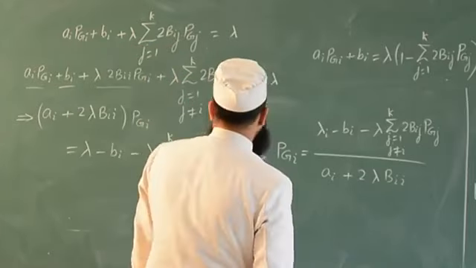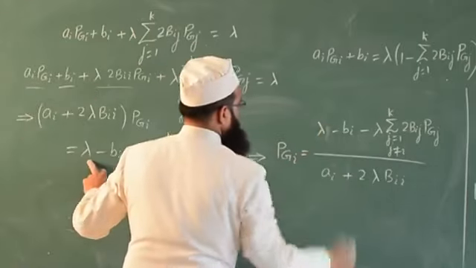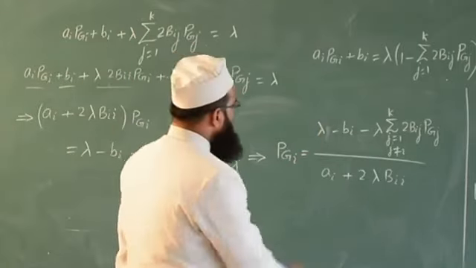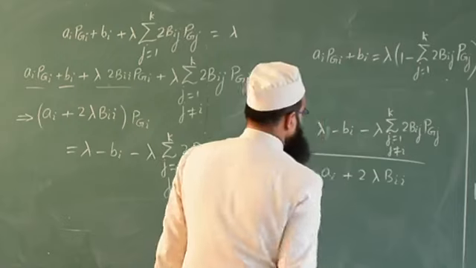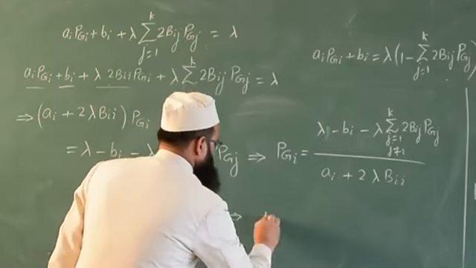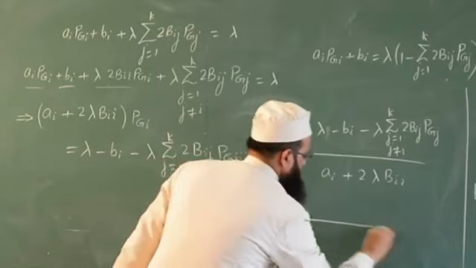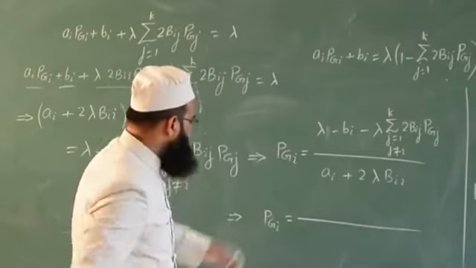Divide numerator and denominator by lambda. So this can further be written directly here itself.